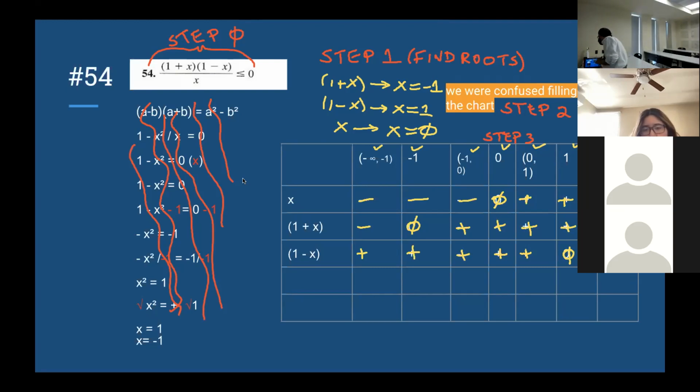And you're missing an expression here, you guys. Here, we're going to put the combination of all of the factors, which is the original inequality. 1 plus x, 1 minus x divided by x. Okay?